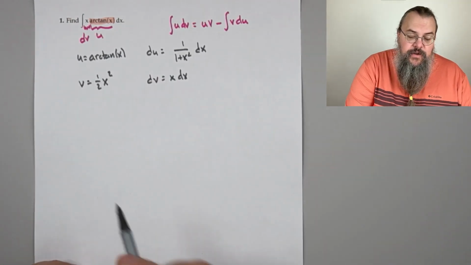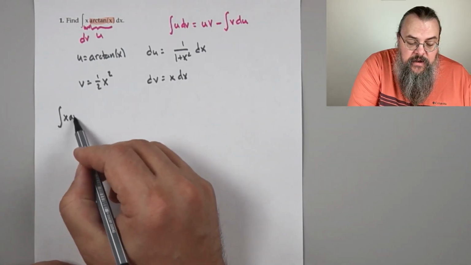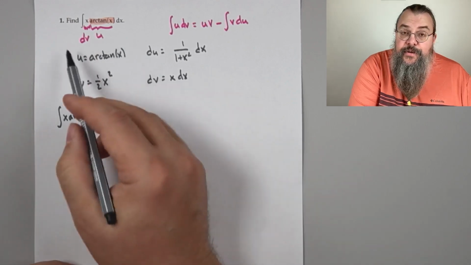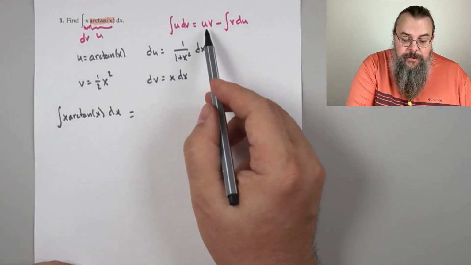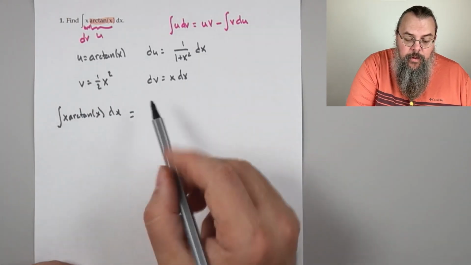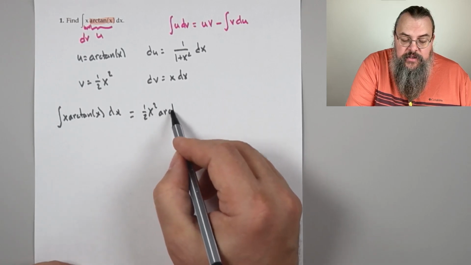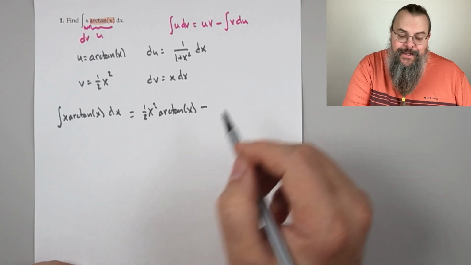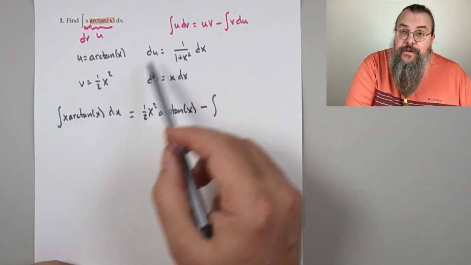All right, so we have the integral of x arctangent of x dx, our u dv, has to be equal to our uv. So that's 1/2 x squared arctangent of x minus the integral of v du.